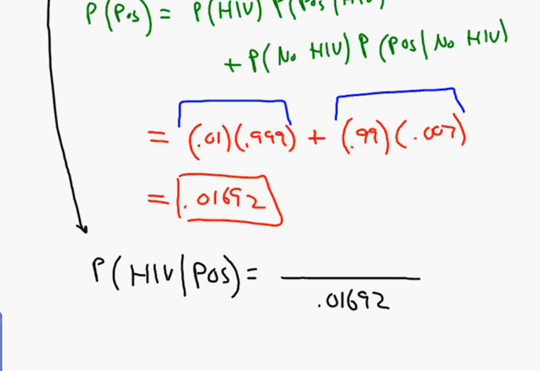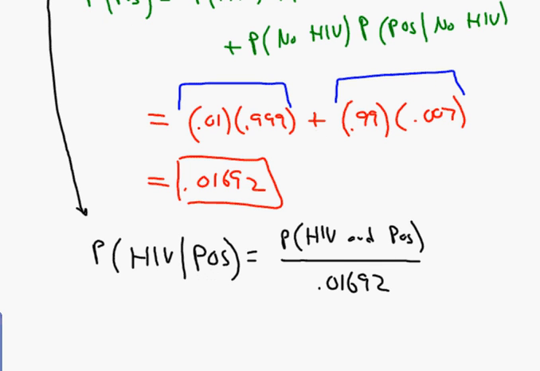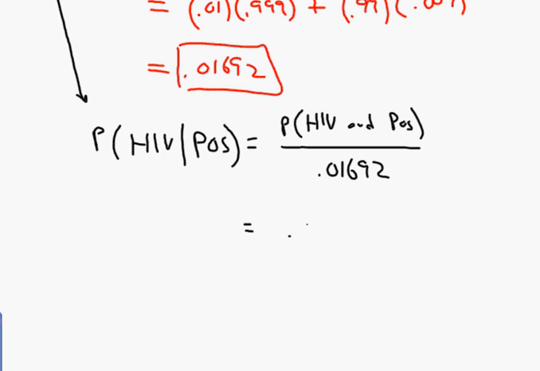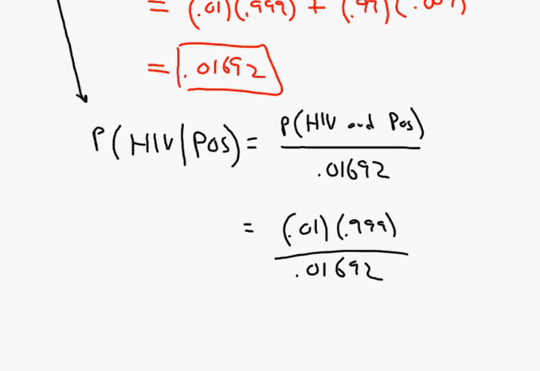On top, what we want is the probability that someone had HIV and a positive test result, because what we're asking is, what's the probability you actually have it, given you had a positive test result? That number can be found this way: 0.01 times 0.999 over 0.01692. So after we divide this, we get about 0.59, or 59%.